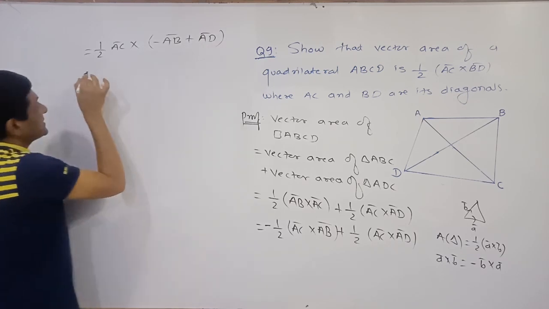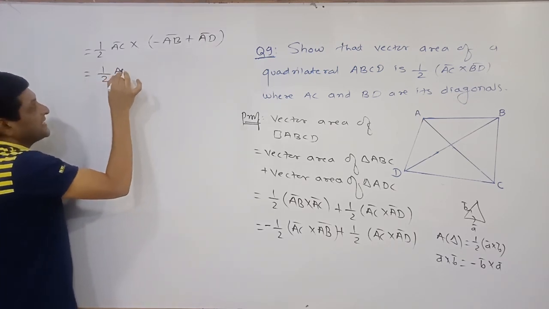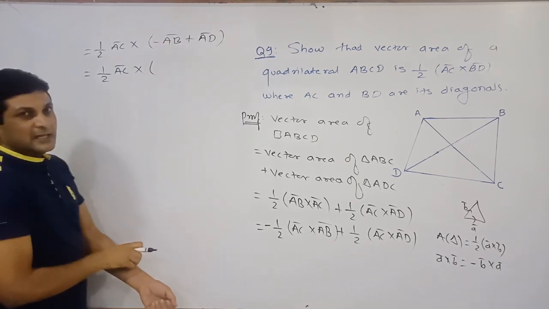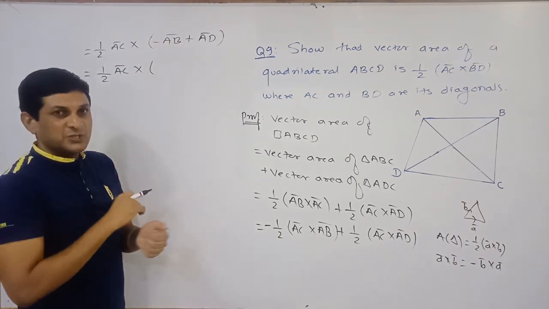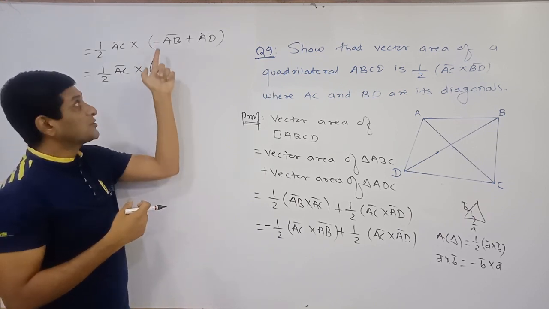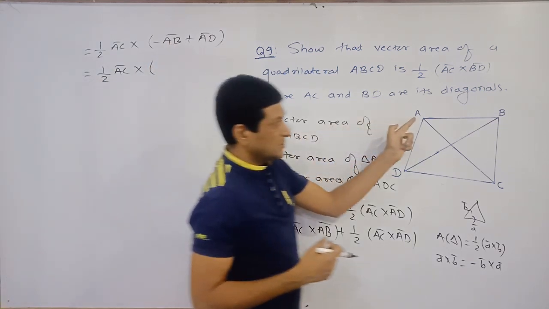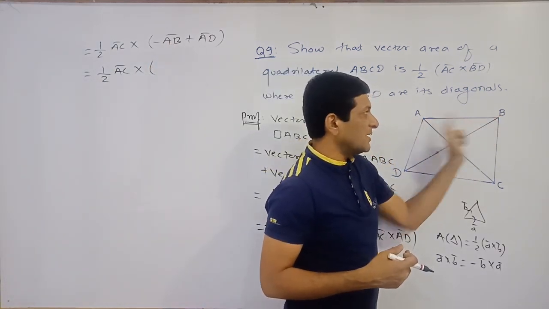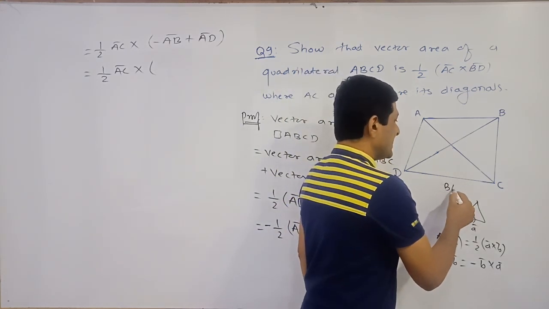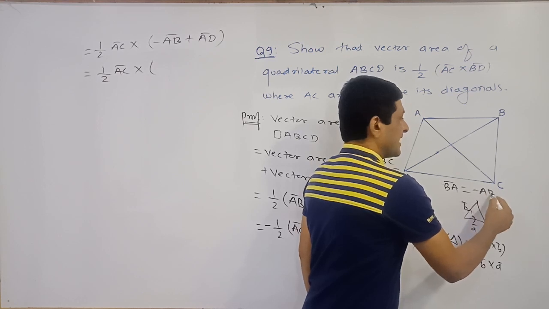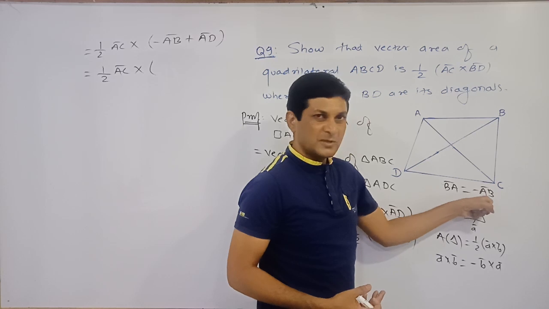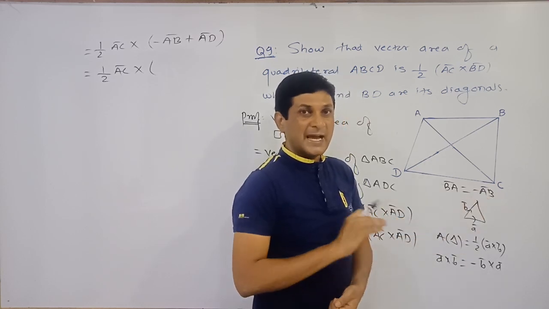So this is equal to half AC bar cross, keep it as it is. Now this minus AB bar: if you observe, AB bar and BA bar are opposite vectors, so BA bar is equal to minus AB bar, because these two vectors have the same magnitude, the length AB, but their directions are opposite.